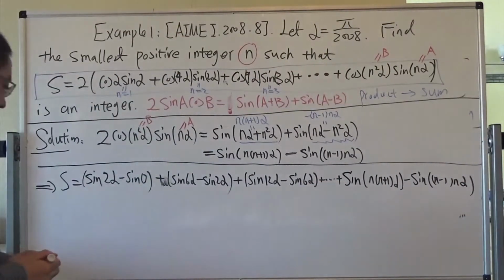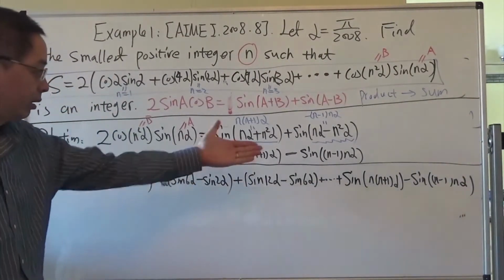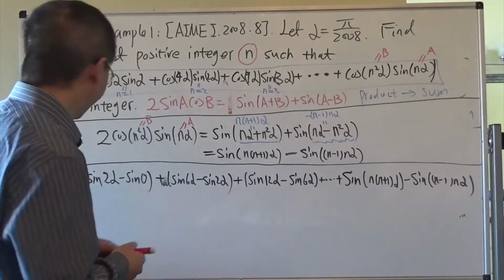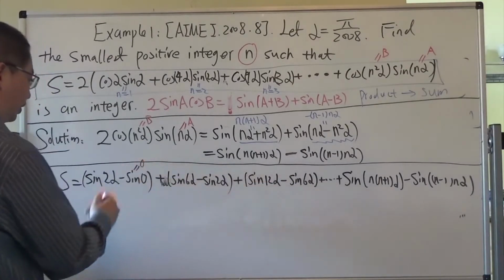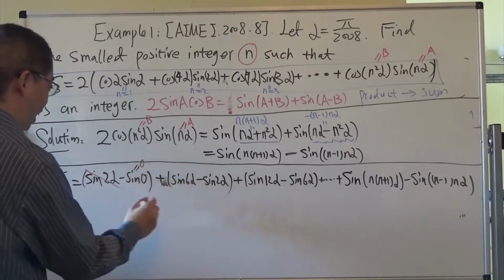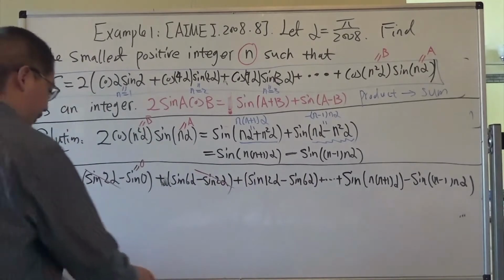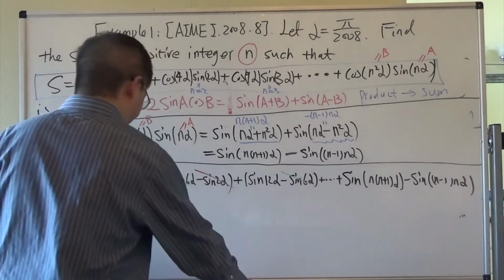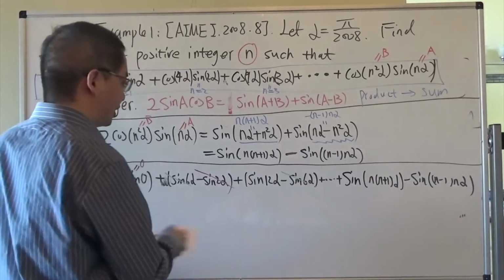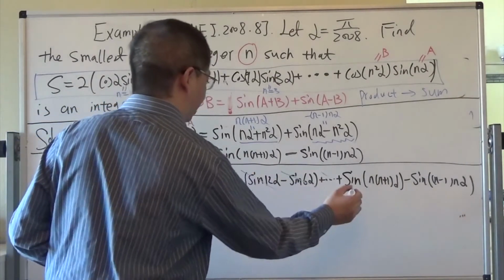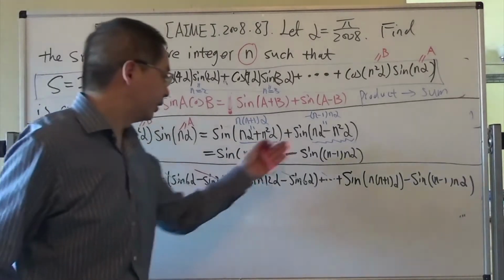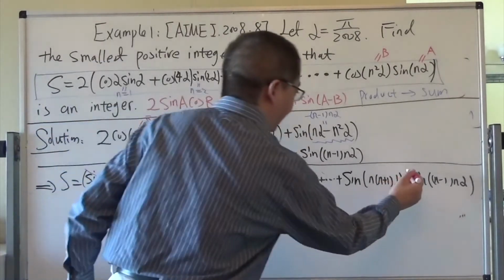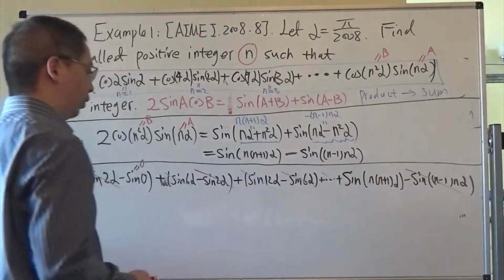Now clearly, when you look at this, we get the cancellation we hoped for. The sine 0 term just goes away. Sine 2 alpha cancels with sine 2 alpha, and sine 6 alpha cancels with sine 6 alpha. The sine 12 alpha will cancel the 12 alpha behind it, and the last one will also cancel with the one before it.